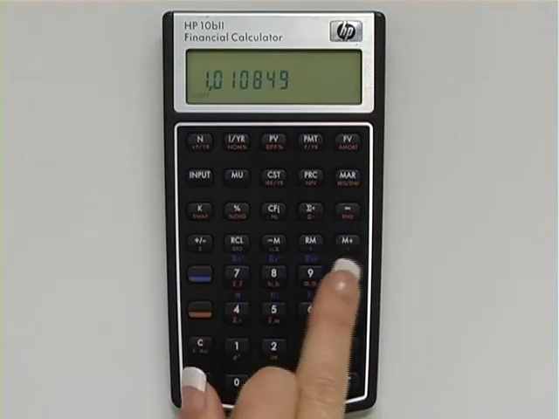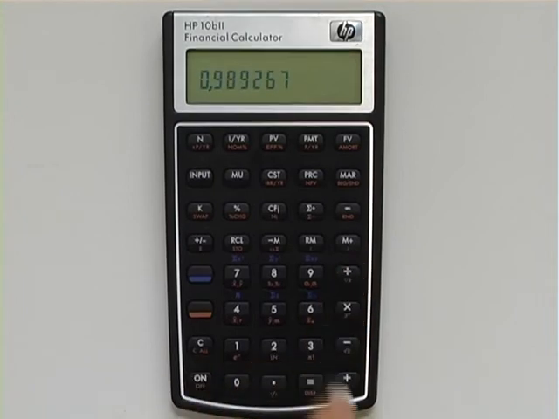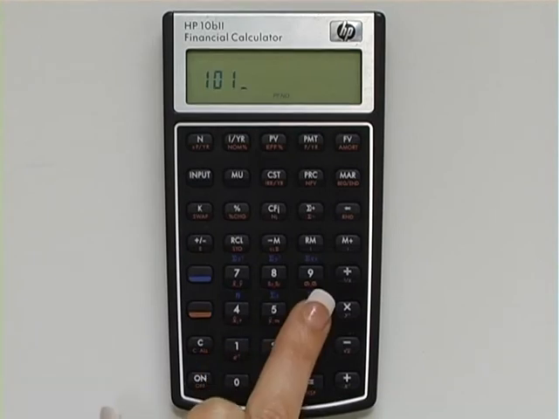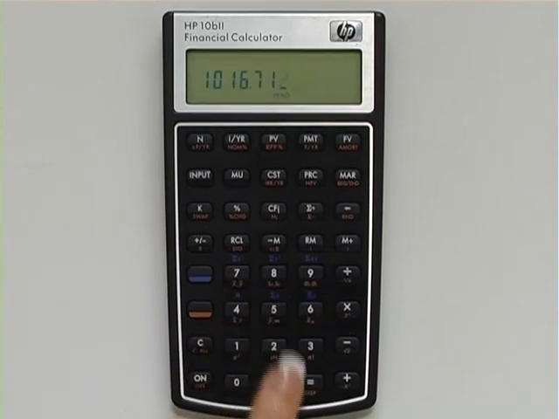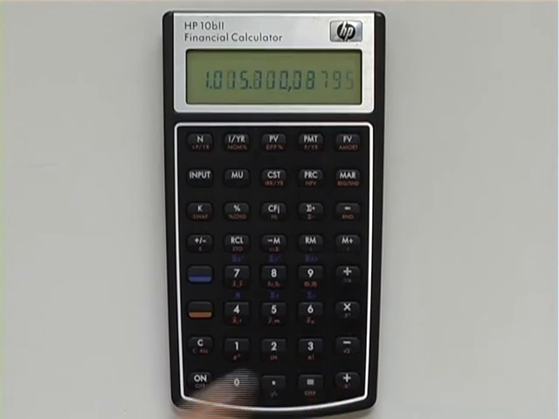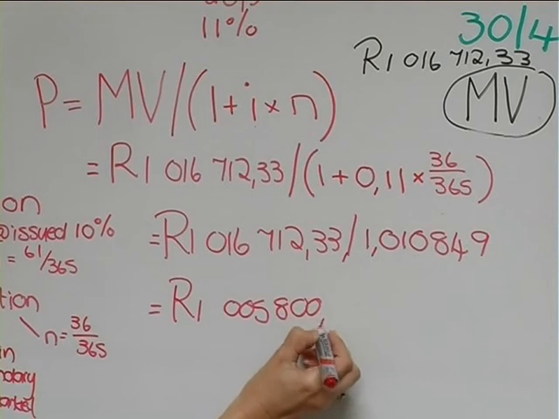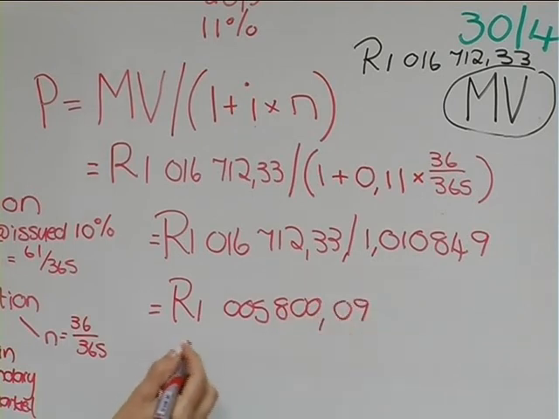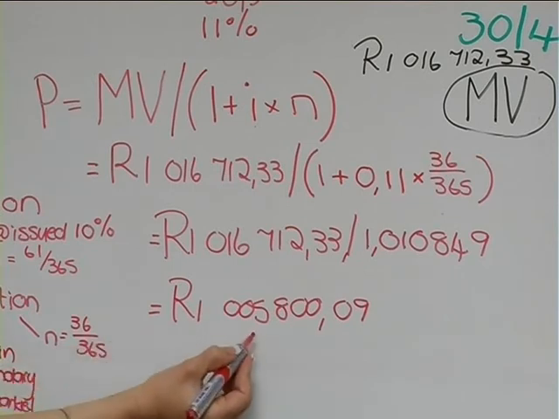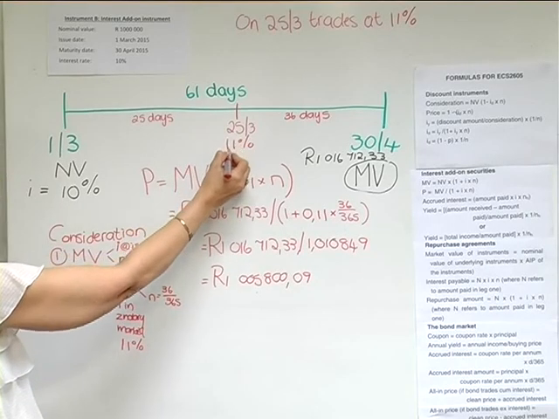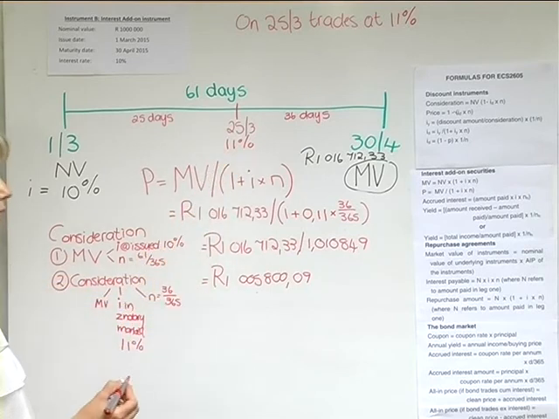So I push to go to inverse, and then I just multiply with times 1,016,712.33, and that gives me 1,005,800.09. So 1,005,800 rand and 9 cents. That is the price at which this instrument is going to trade in the secondary market.